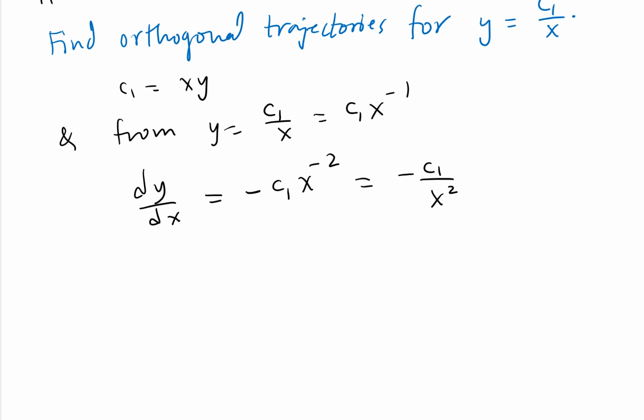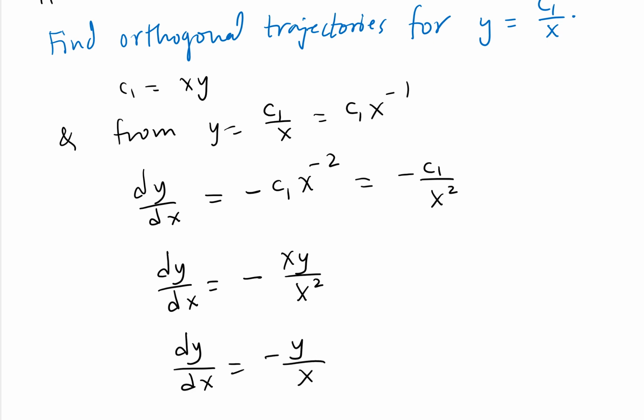But we need to have an answer with no c1s in it. So dy dx equals negative xy over x squared. So dy dx is negative y over x.